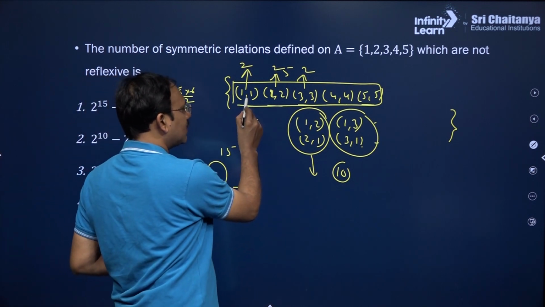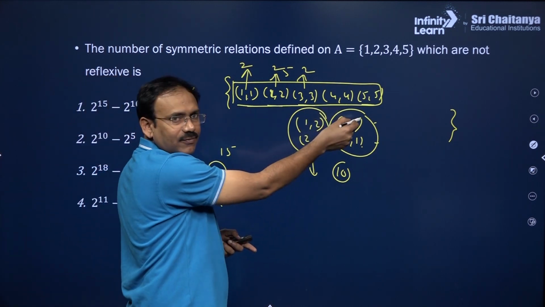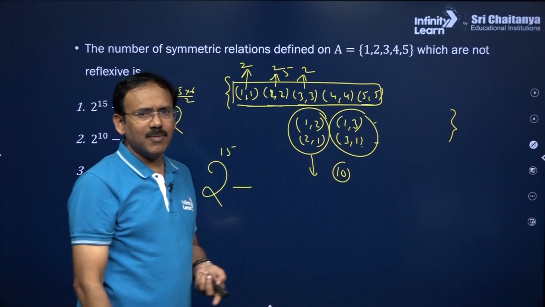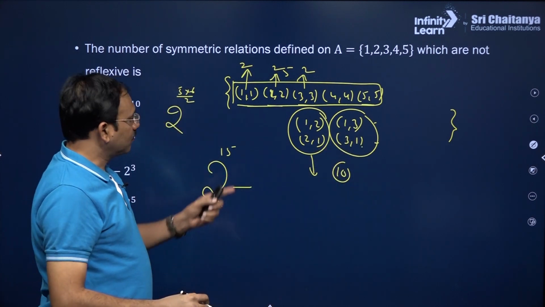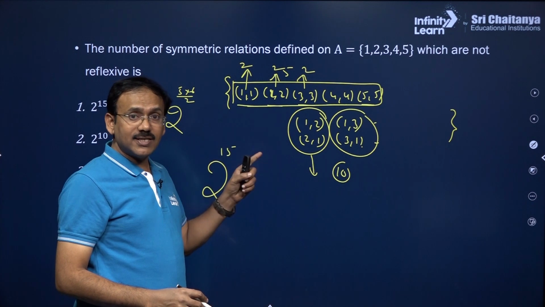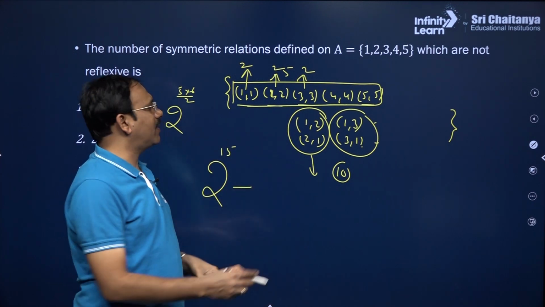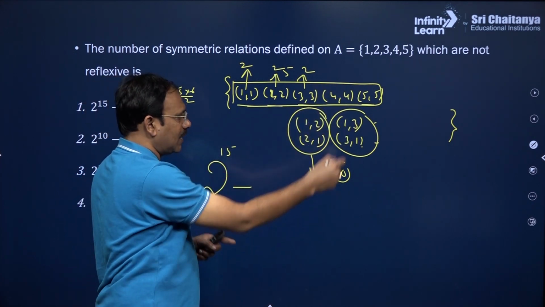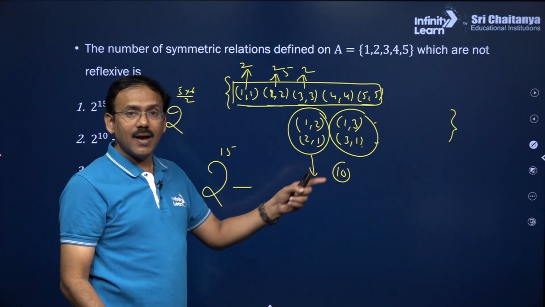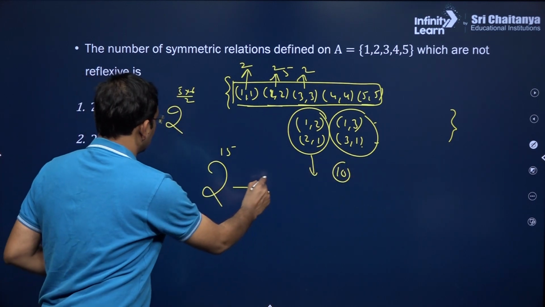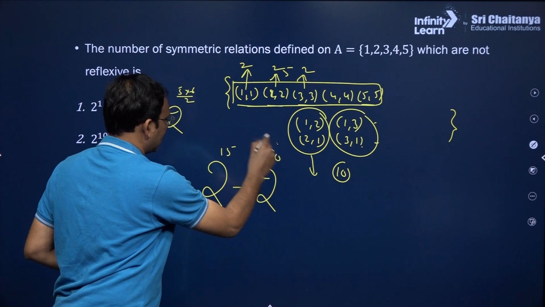Reflexive means it must contain all these 5, and these may or may not be there. So the number of relations which are reflexive and symmetric means these 5 must be selected, whereas these 10 may or may not be selected, which is going to be 2 power 10, my dear friends.